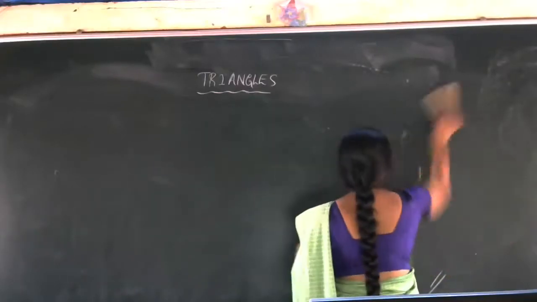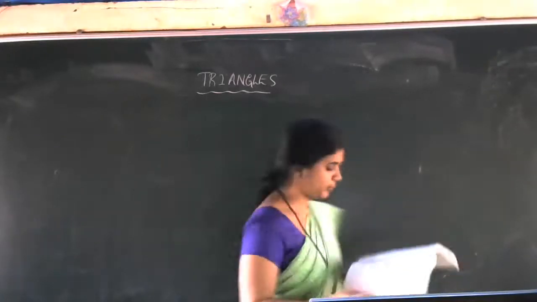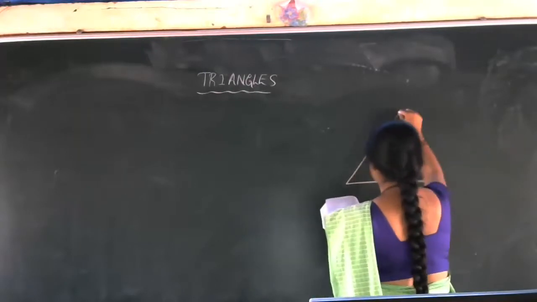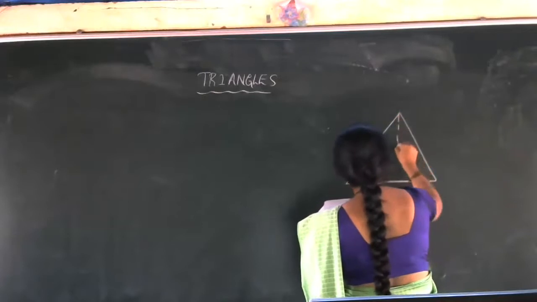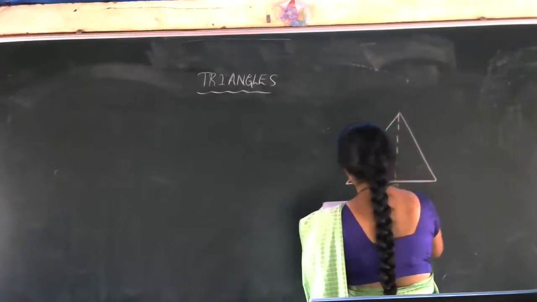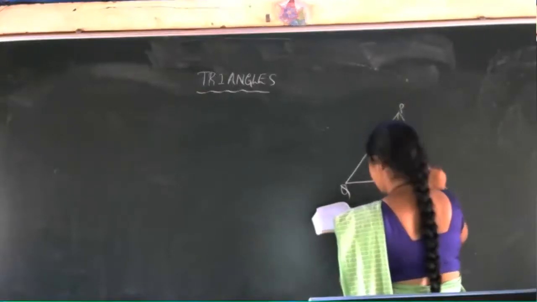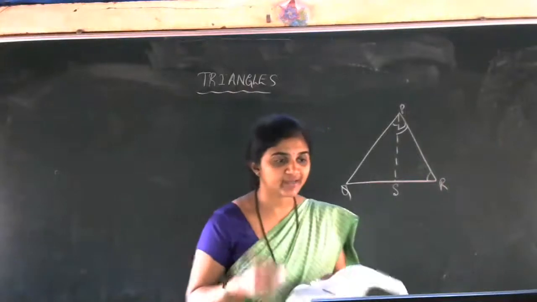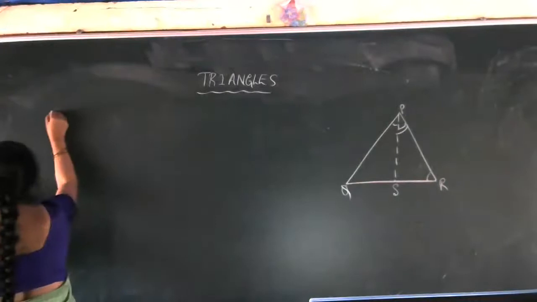Yes, fifth problem now. So what is the fifth problem? I'll draw the fifth problem diagram first. Okay. See, in the figure, I'll read the question. By reading only, I'll write the given data.